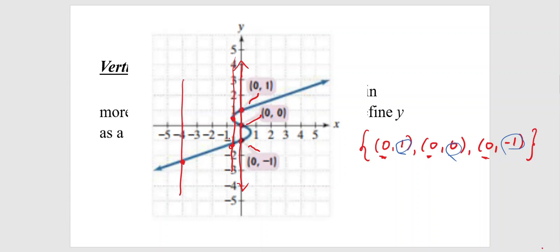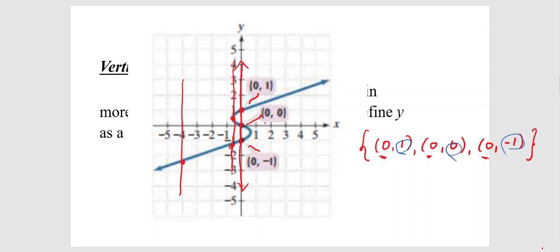So that fails the test for a graph of a function. And we saw that here, that it's intersecting the graph at 3 points. So it has to be purely no intersection at any point in the graph with more than 1 point for it to be considered a graph of a function.